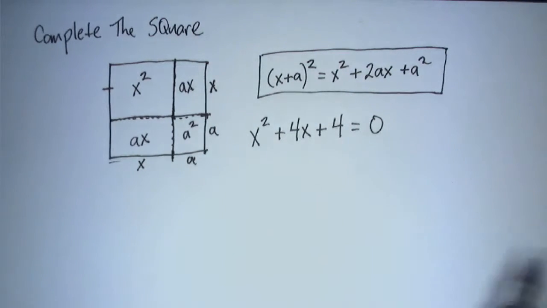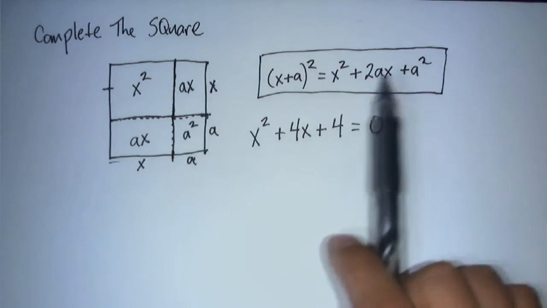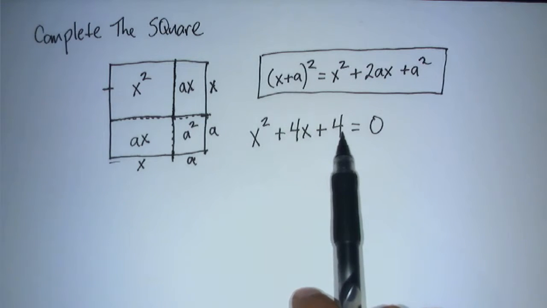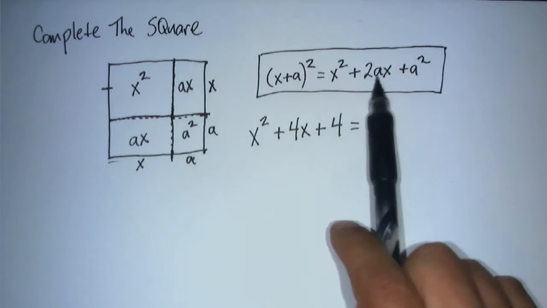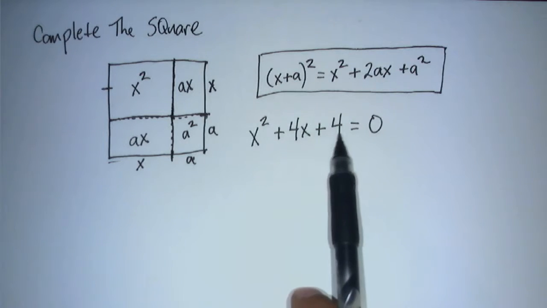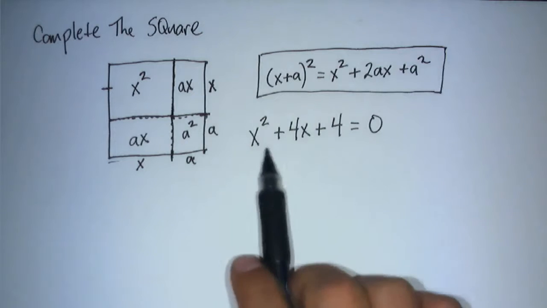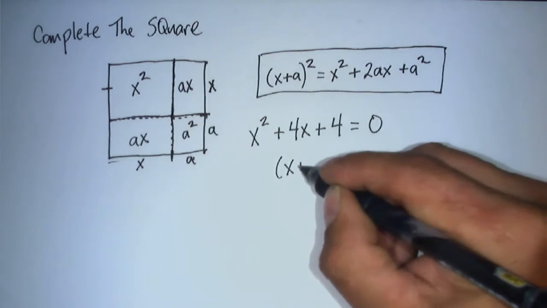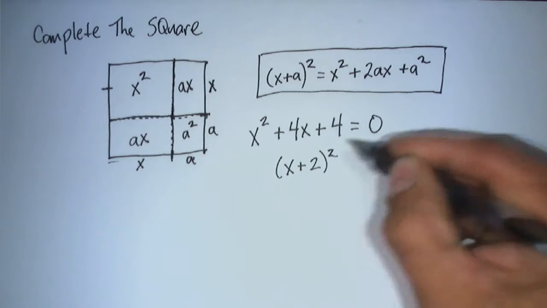Okay, well, I know that if I take half of this and square it, what is half of this term? Well, it's 2a, right? Half of this term is 2, and if I square 2, I get 4. So this term here is really x plus 2 squared.